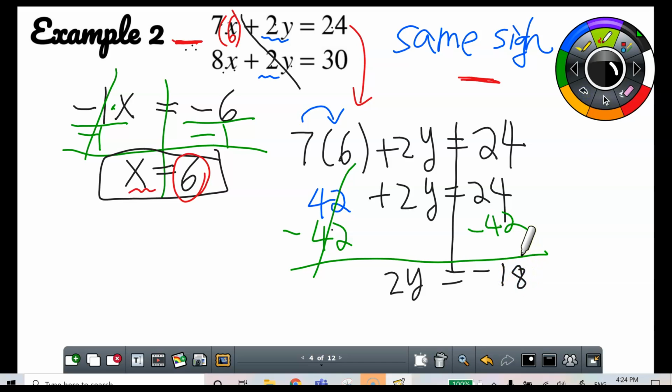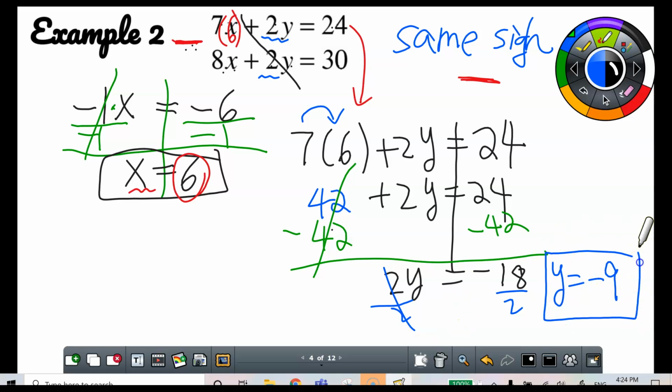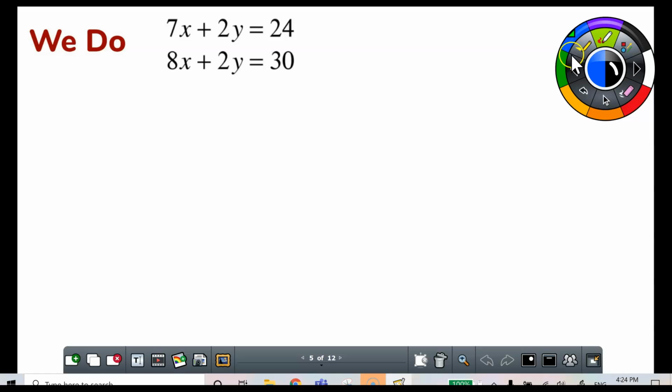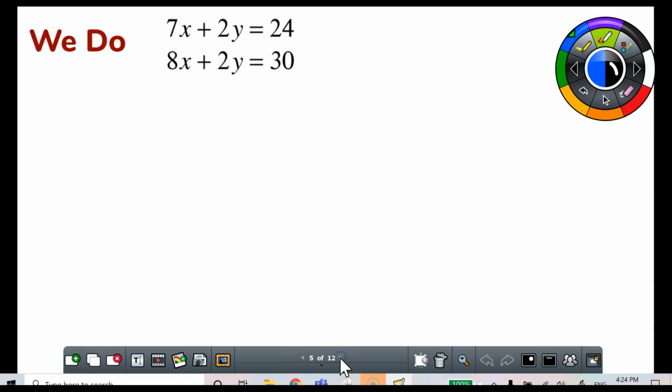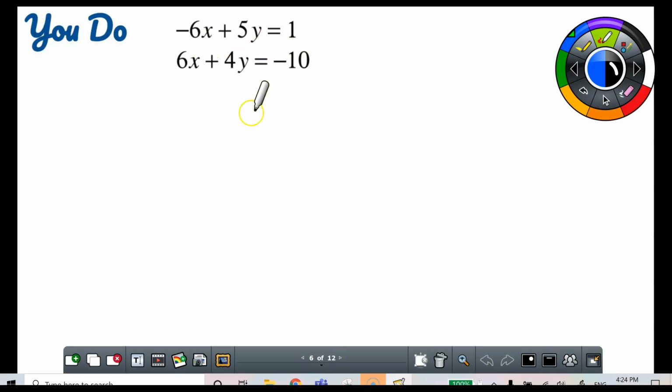Okay. And finally, get rid of the 2 by division. So you have y equals -9, and that's it. Okay. Next one. Okay, I think I have the same problem there. So let's skip this one and work on this one.